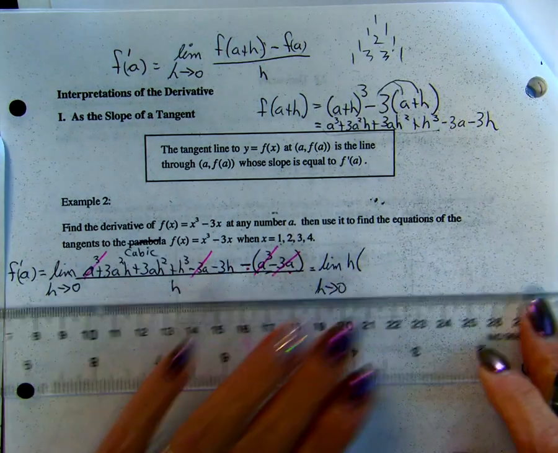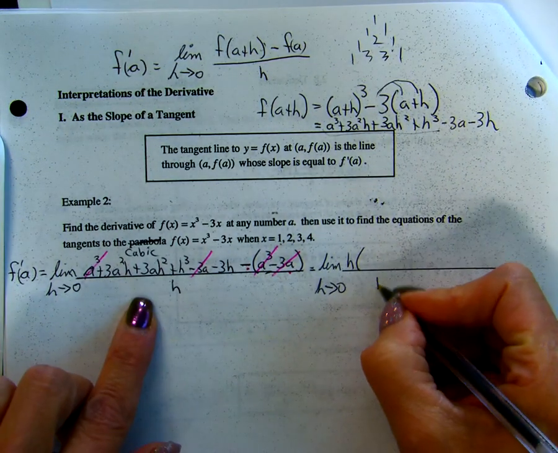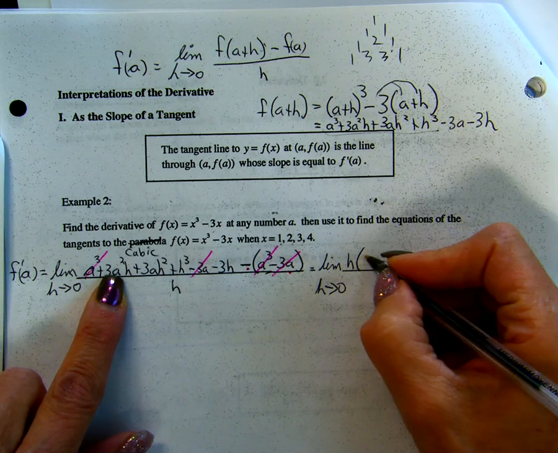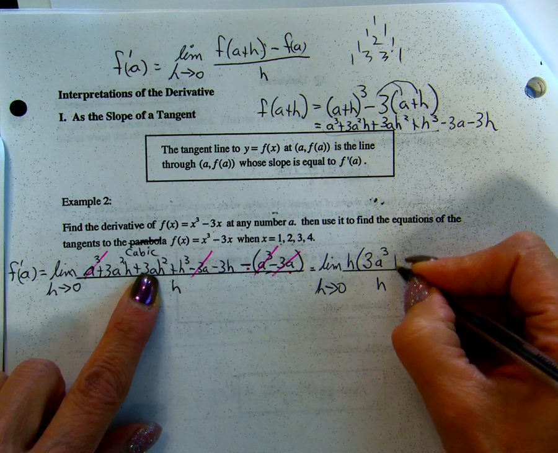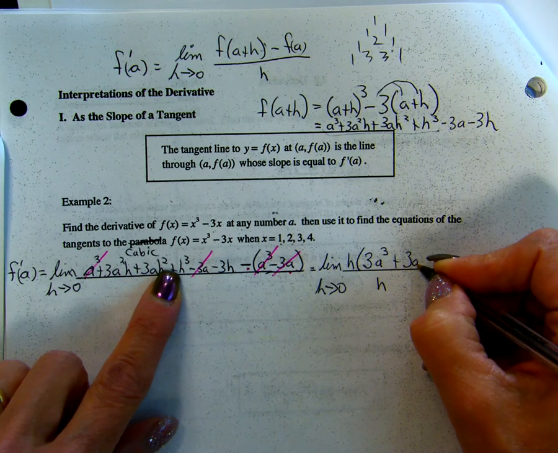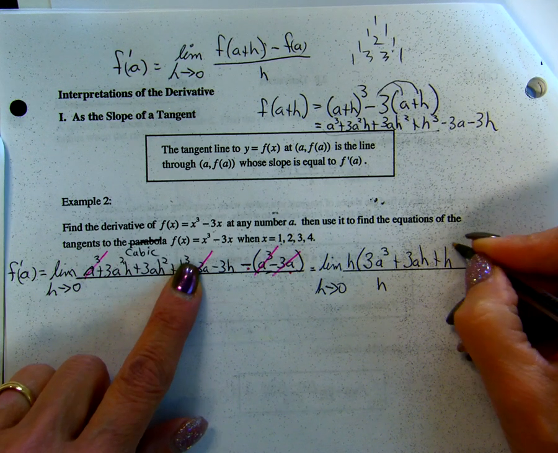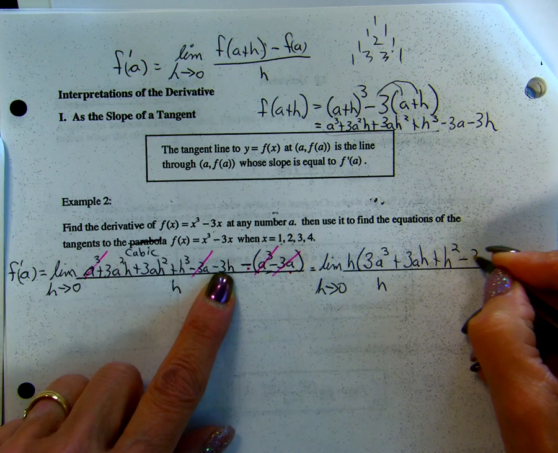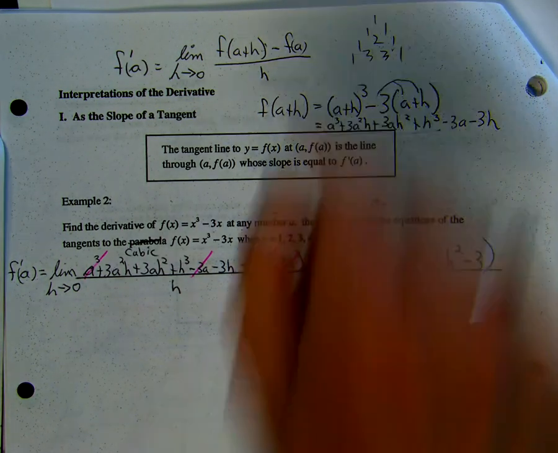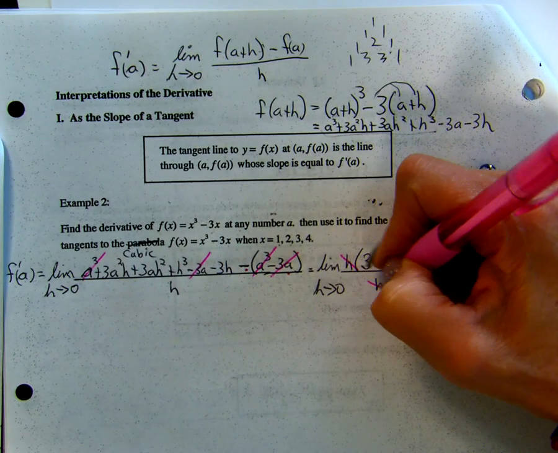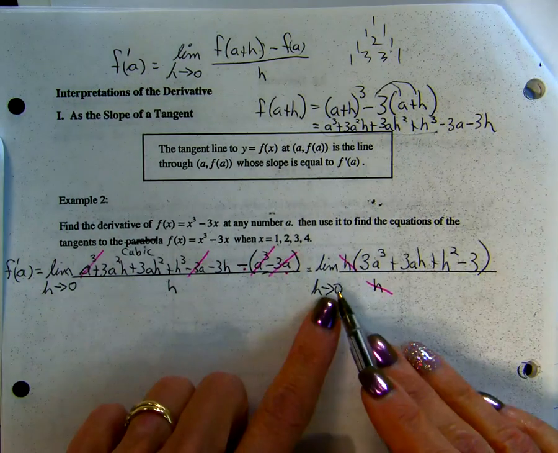So let's rewrite this and factor out that h. So 3a squared h, factored out the h, I've got 3a squared plus 3ah factored out the h plus h squared factored out the h. Of course, these cancel, and now I can evaluate that limit by direct substitution.